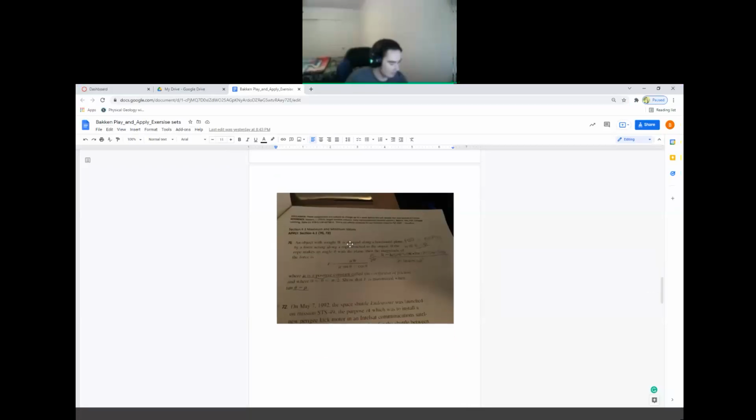So for my apply, I attempted to do number 70, which asks, I'll just read off the whole thing. An object with weight W is dragged along a horizontal plane by a force acting along a rope attached to the object.